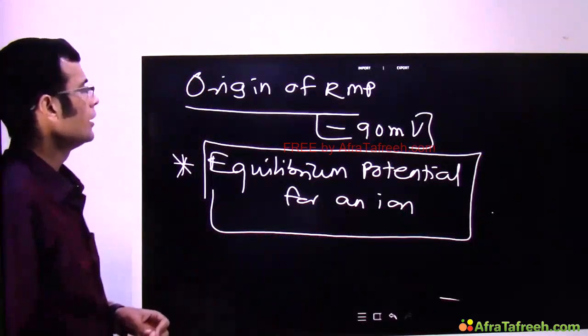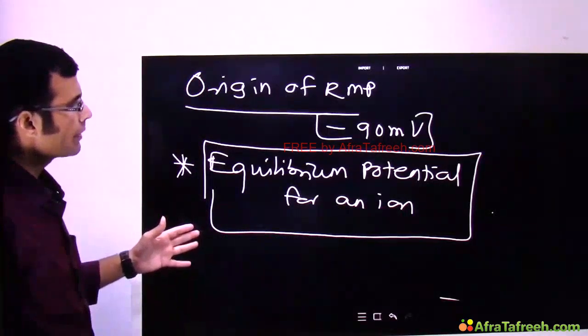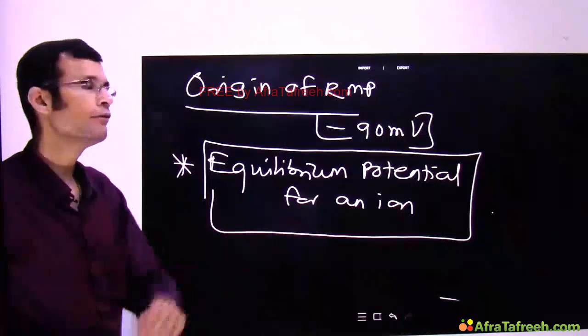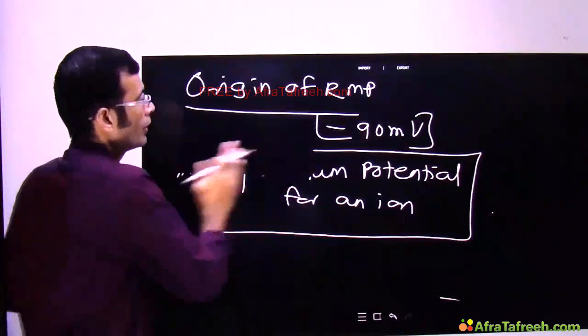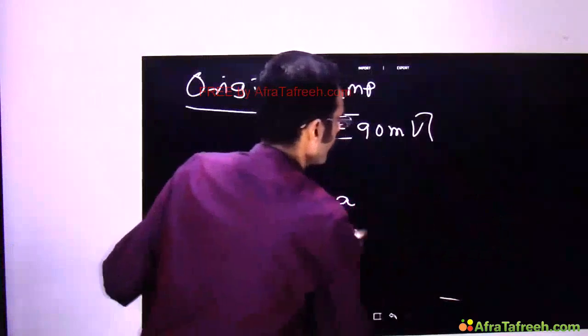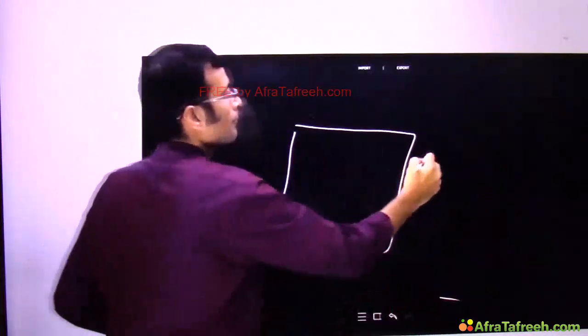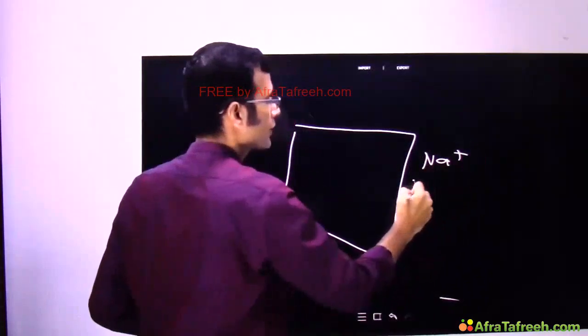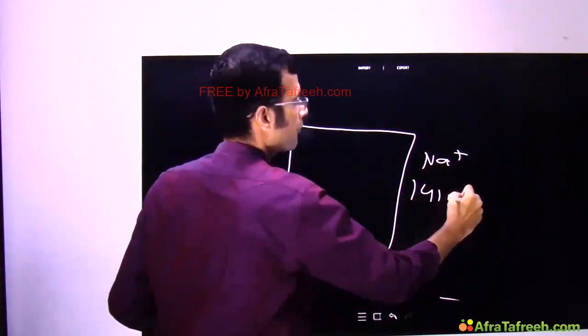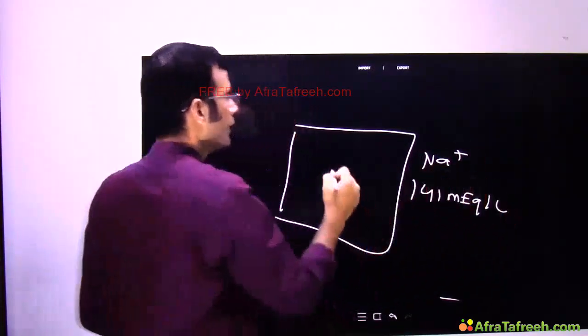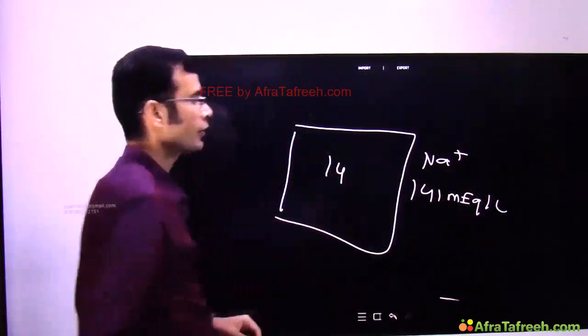Alright, but first, equilibrium potential for an individual ion. Let's consider sodium. Its concentrations are 141 milliequivalents per liter on the outside and 14 milliequivalents per liter on the inside.